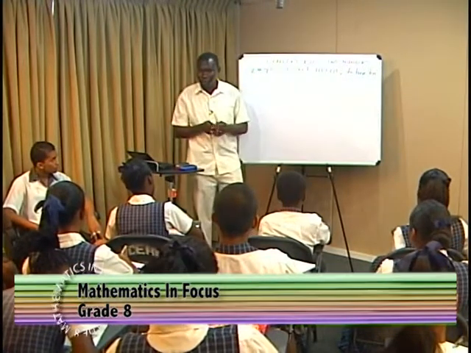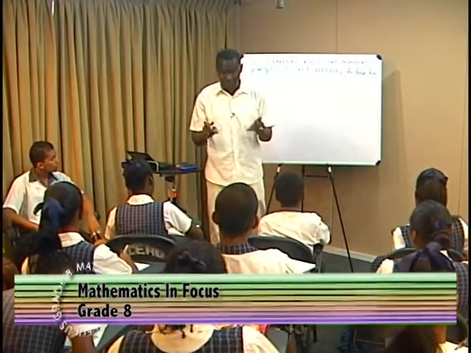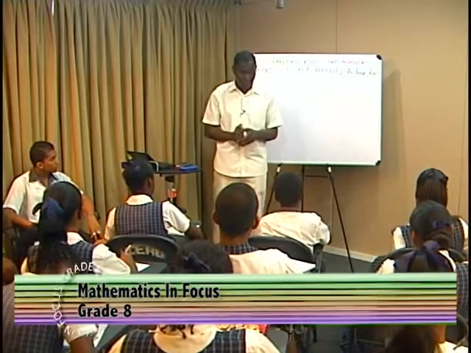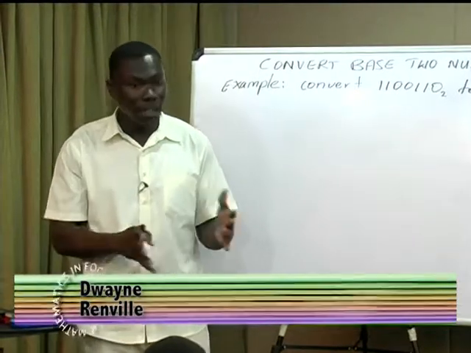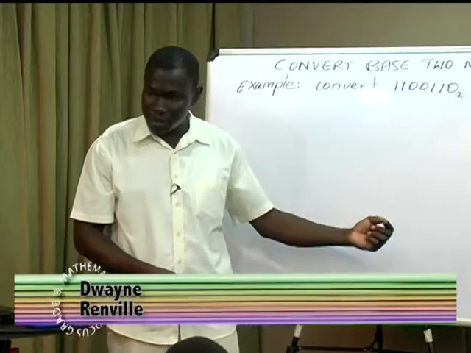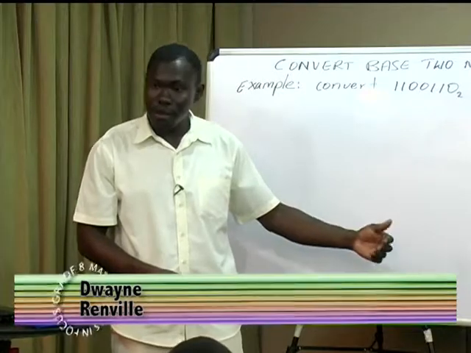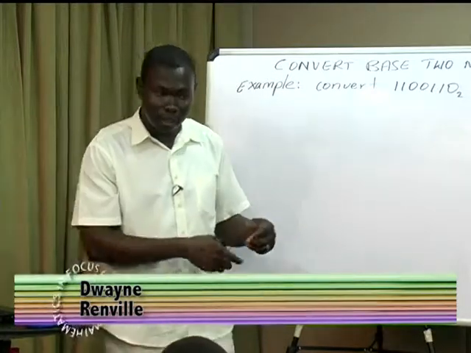To help us to convert to begin with, what we will do is set up our place value grid for base 2. Remember in our last lesson we looked at the place value grid. For any numbering system whatever, the first place value is that number raised to the 0 power, which is units. Then we have to the first power, then to the second, to the third, and so on.